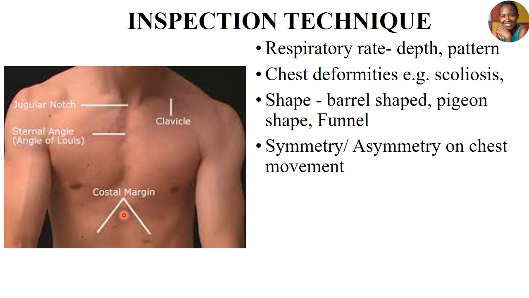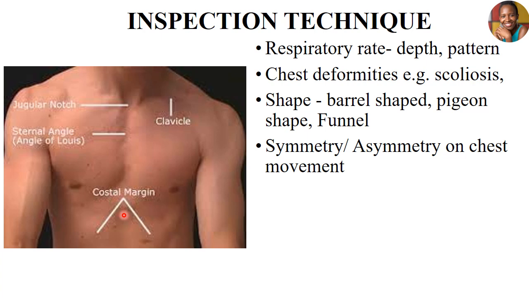In that minute, you're not just counting how many breaths there are, but you're also identifying the depth. Is the rate deep? Is it shallow? You're also trying to establish the pattern. Is the respiration pattern irregular, or is it regular? How is it coming along?